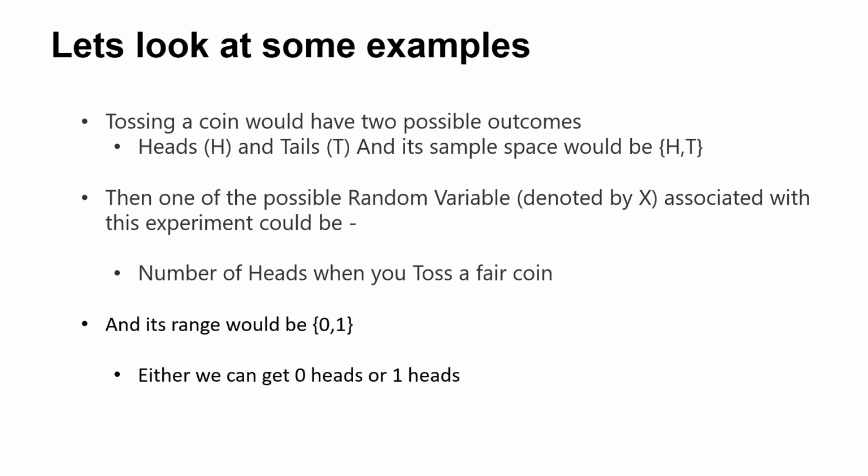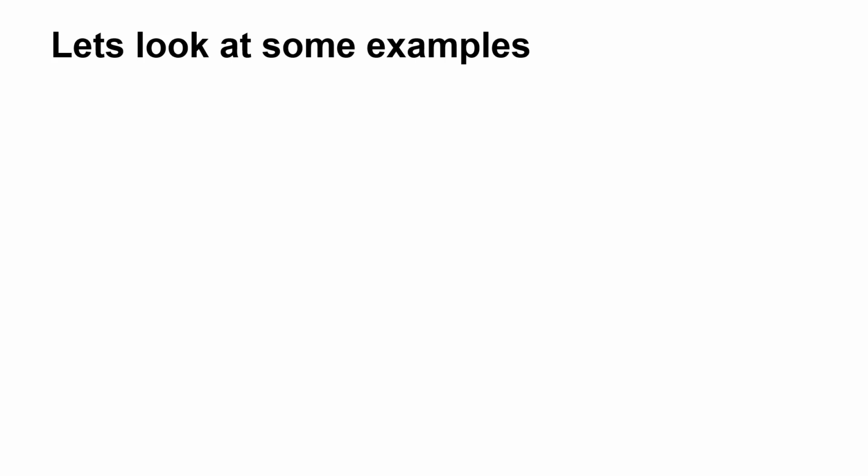So this random variable, which denotes the number of heads when you toss a fair coin, would be either 0 or 1. These are the possible values for this random variable. So you can see how we have converted the sample space, which is H and T, into another variable called a random variable, which has numerical outputs attached to it. Let's look at some more examples.